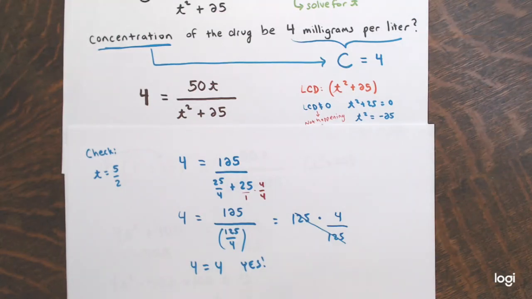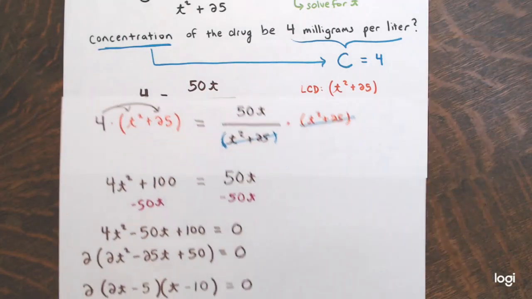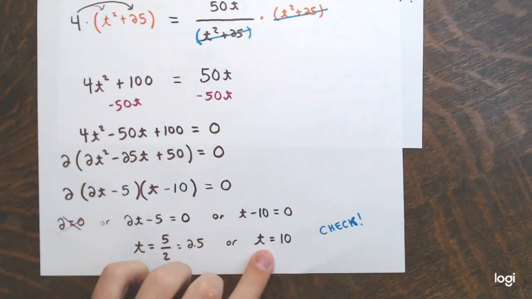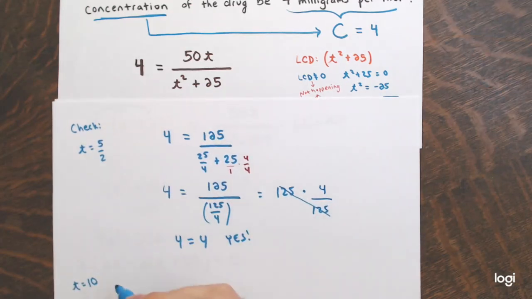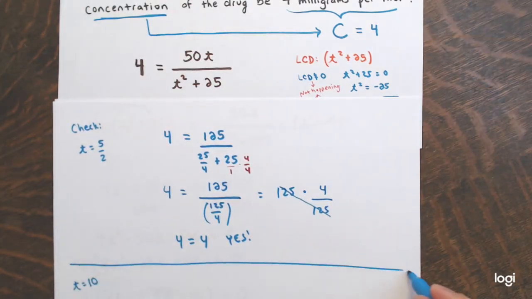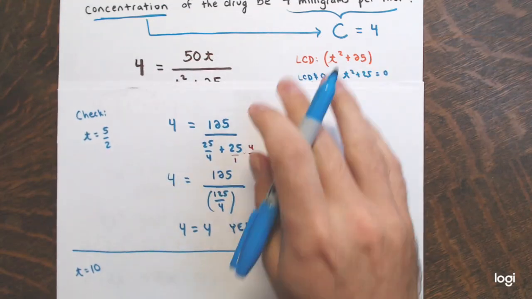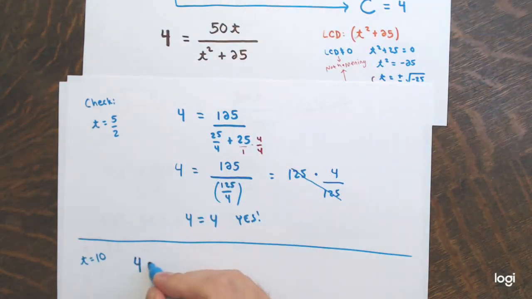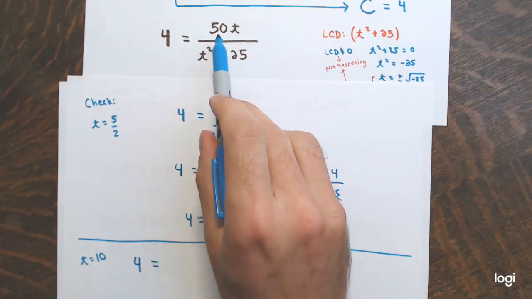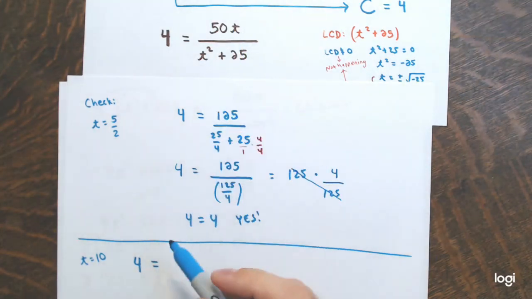All right, so then the other one's t equals 10. The other possible solution I found was t equals 10, right there. Plug in 10. So the left side was 4. Let's separate this. So the left side's 4. There's the original. The right side. Numerator 50 times 10 would be 500.